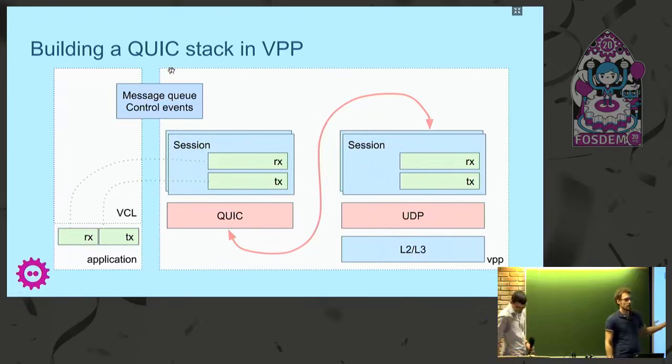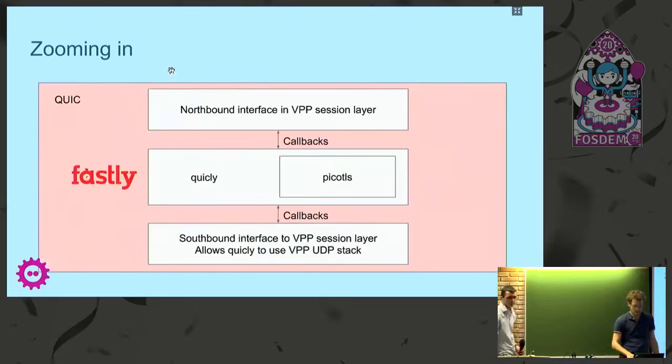And then those sessions can be exposed to an external application through the message queue and control events. So we replicate the FIFOs, we replicate the data structure, but it's at first for the sake of easiness and pluggability inside VPP. Zooming a bit inside this QUIC brick, what we are going to play with is a northbound interface that is going to need to take from the buffers the FIFOs that are exposed to the client application, pass this stream data to the QUIC library from Fastly that we are using internally.